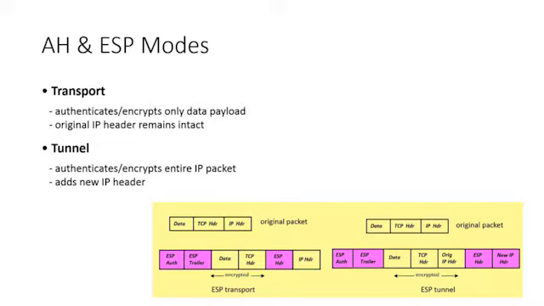And then we talked about those modes, the tunnel mode and the transport mode. Transport mode authenticates and encrypts only the data payload. The original IP header remains intact. If you have that networking background, you know that if the header remains intact and we start traversing networks and going through the internet, everybody can see that header information.